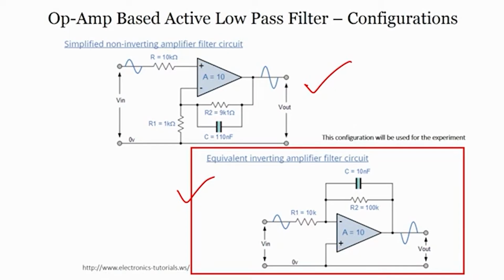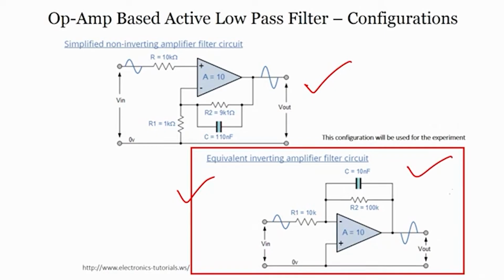So, now we will actually perform the experiments with the op amp based active low pass filter using the inverting amplifier filter circuit, using this particular circuit.